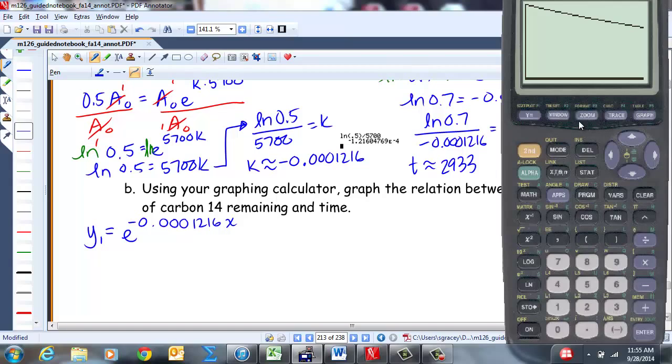And let's extend x a bit more. Let's do an x max of 5,000. And we don't have to have the scale be 1. We can have that be 100.